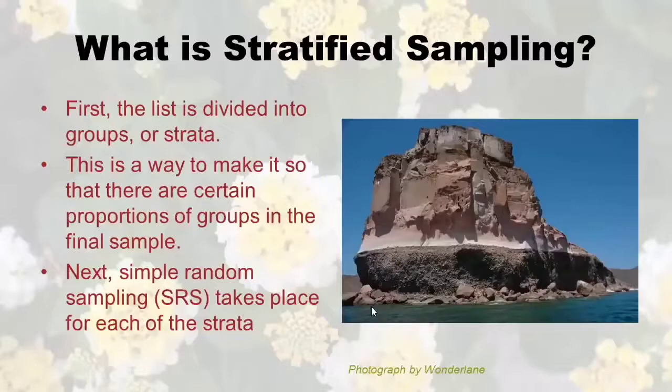If you do simple random sampling, you might just by luck miss all of them, right? And so if you're really concerned about what a minority thinks, then you can make sure to get representation from that stratum by doing stratified sampling. Because the first thing you do is you put that list into groups, and then you take a simple random sample from each of the strata.